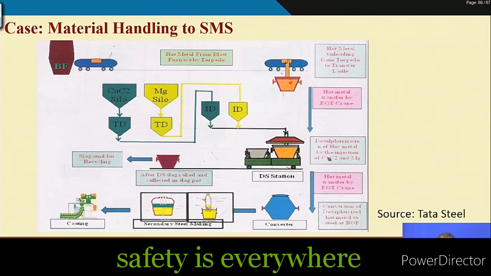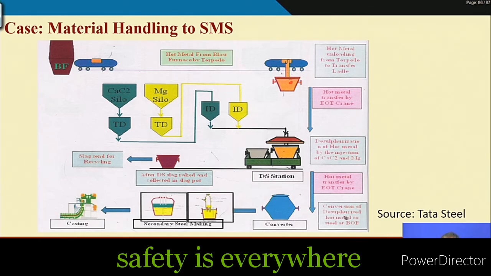Desulfurization of hot metal happens here by injection of CaC2 and magnesium, Mg. After desulfurization, the slag is sent for recycling, but the desulfurized hot metal is transferred by UT crane to the converter in the steel melting shop.